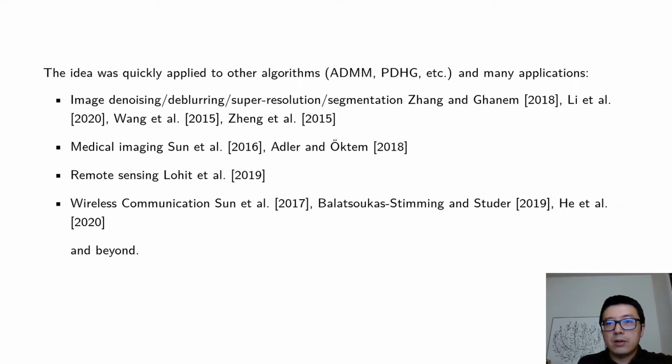These are operator splitting algorithms that are capable of solving fairly complicated optimization problems, especially involving non-smooth terms. Researchers have applied the ideas to different sets of problems, for example image denoising, deblurring, super resolution, segmentation, medical imaging, remote sensing, wireless communication and other signal processing techniques.